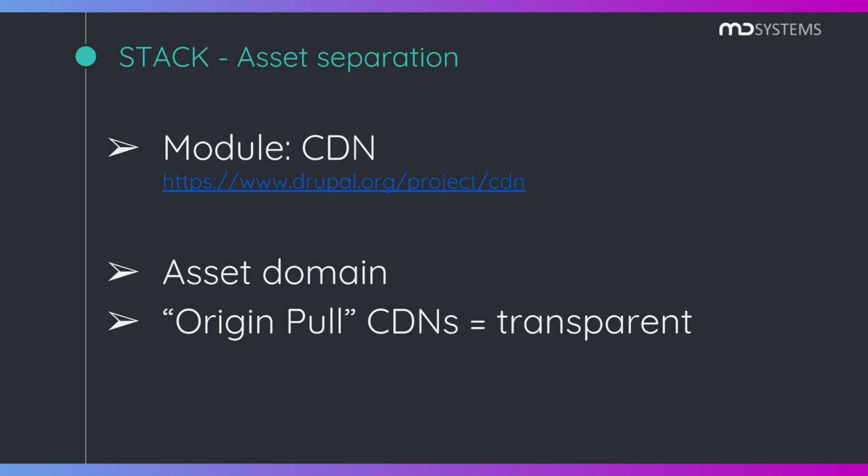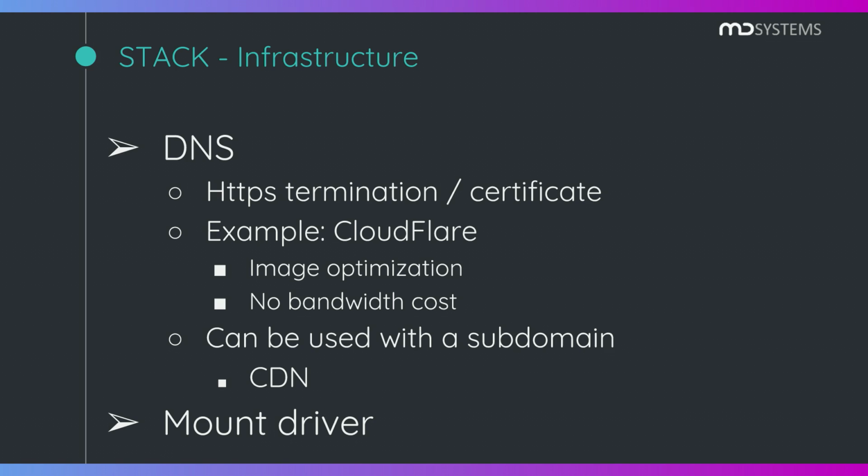And the CDN then, in case the asset is already there, directly delivers it. In case it's not there, it fetches it from your site with the very same URL from your primary domain, caches it, and delivers it there. That's very helpful to offload a certain amount of traffic or of these types of resources.